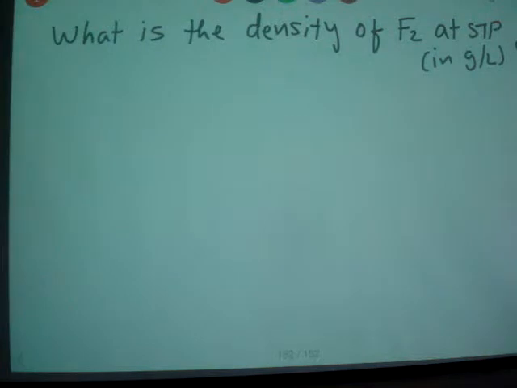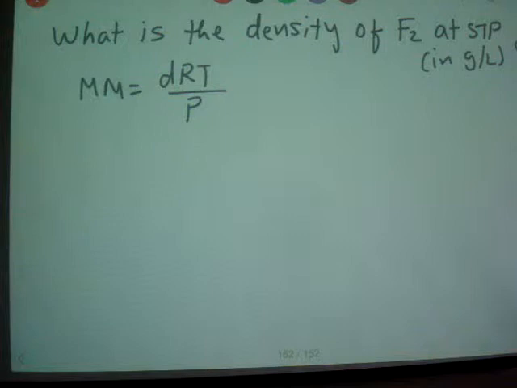So we need to find density in gram per liter. Now we know this equation, molar mass equals dRT over P, and when we rearrange this equation, we need to find D. So D equals P times molar mass divided by RT.